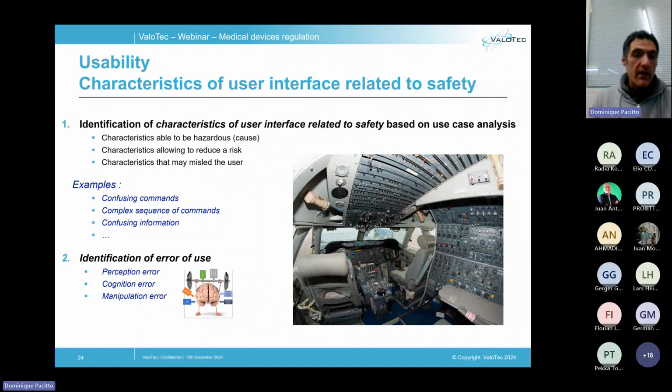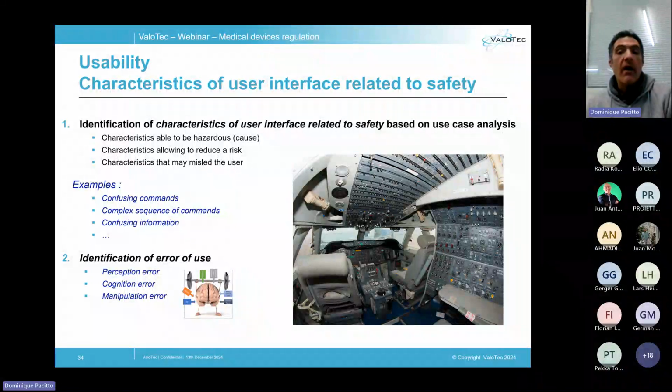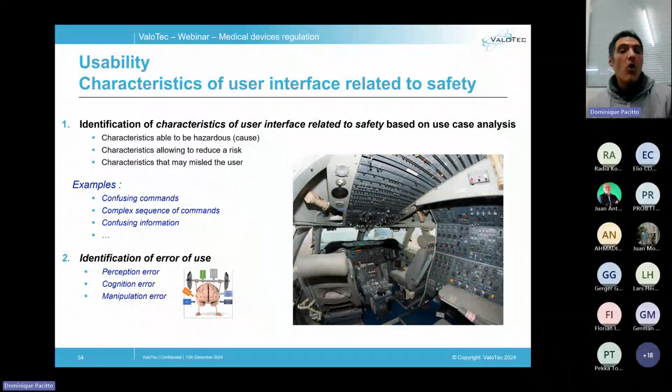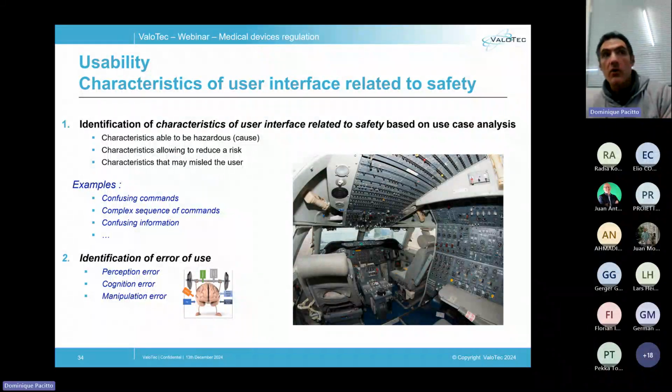For example, some characteristics related to safety we already talked about in this webinar are a confusing LED, if you use a green LED when a red one is expected, a confusing sequence of commands, and bad readability of the display, where a 2.2 you can interpret as 22 and stuff like that.